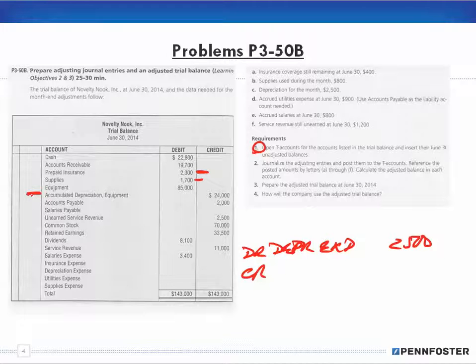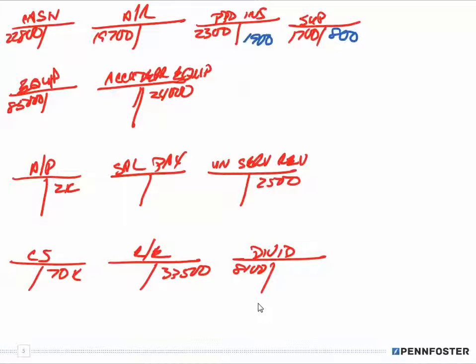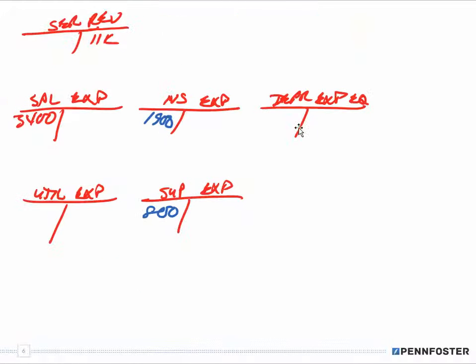The opposite side of that entry is the accumulated depreciation for 2,500, and that's depreciated equipment, so write equipment there. When I post that, under accumulated depreciation I'm crediting it for 2,500, and my depreciation expense account I'm debiting for 2,500.